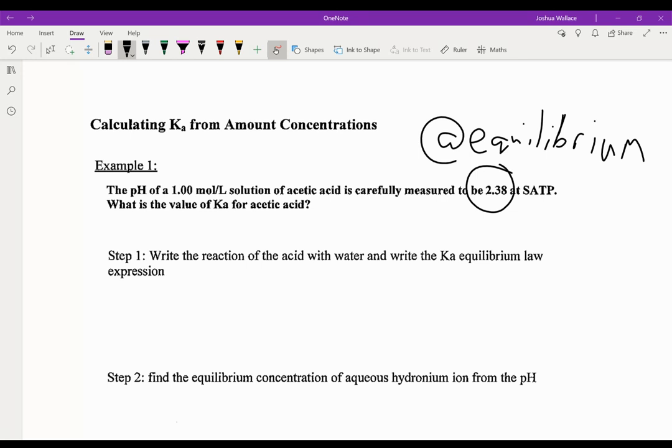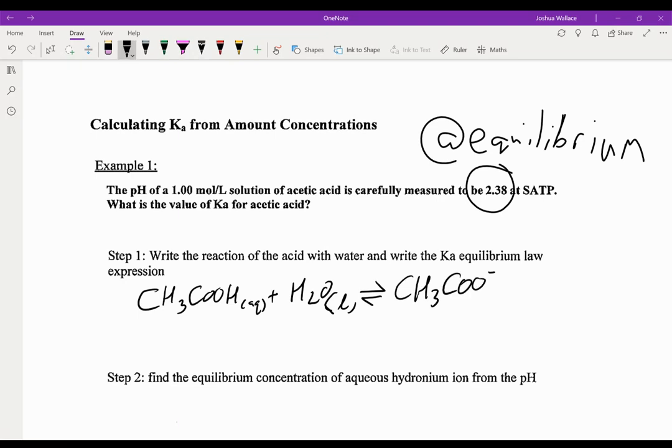So I need to write out my reaction here. We know that it's acetic acid. This is a common one that's used just to work through some examples, and a lot of times questions come up with it. So we have CH3COOH aqueous plus H2O liquid reacting to form CH3COO- aqueous and H3O+, which is also aqueous.